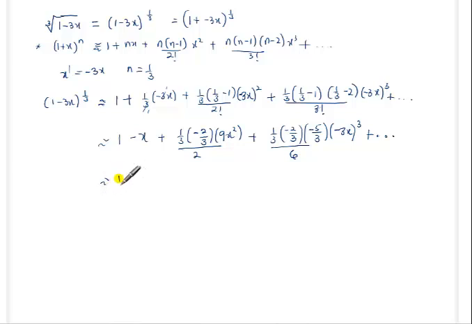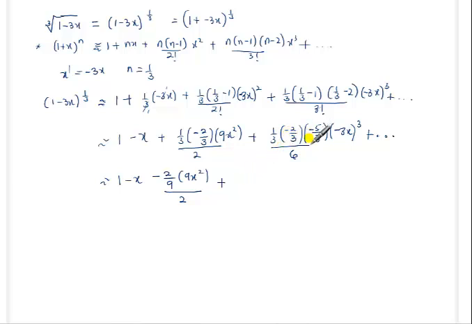Now this will give us a 1 minus x. Now here we have a negative, because you're going to have this to be a negative 2 on 3 by 3 is a 9, multiplying 9x squared, all on 2, plus here we have negative.